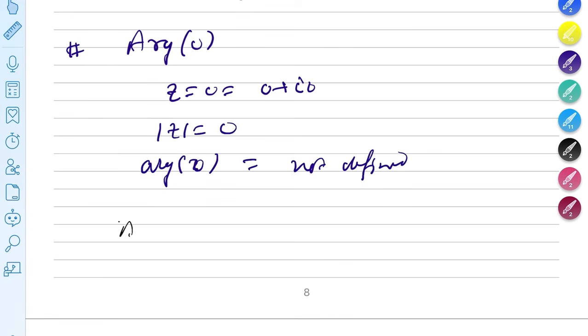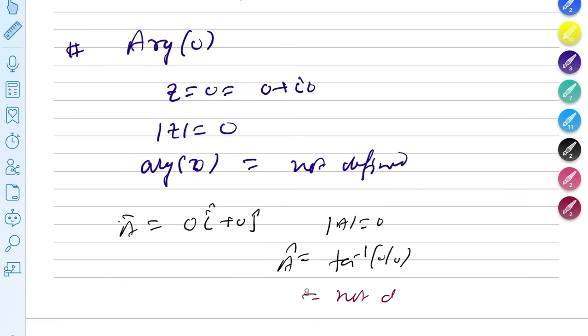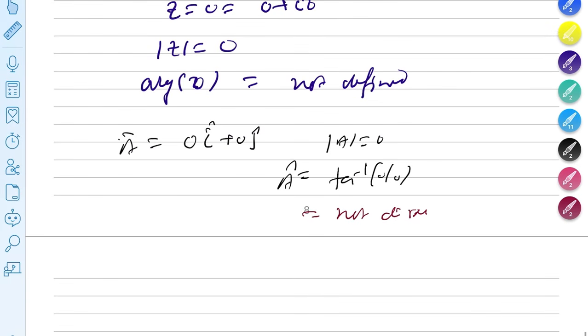Just like in any vector, let's say the vector is 0i plus 0j, the magnitude of this is 0, but if I talk about the direction, we write tan inverse of 0 by 0. So 0 by 0 is not defined, so that's why the direction is not defined. So 0 is a complex number whose magnitude is 0 but direction is undefined.